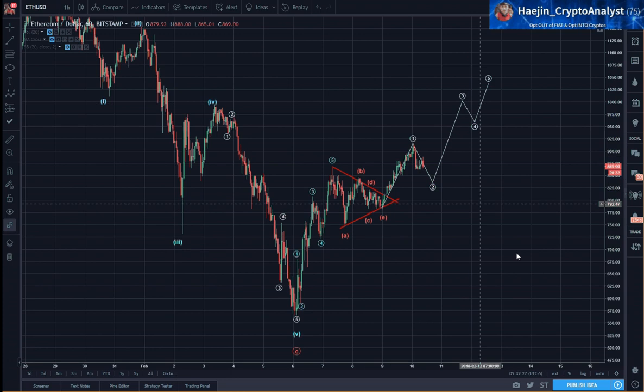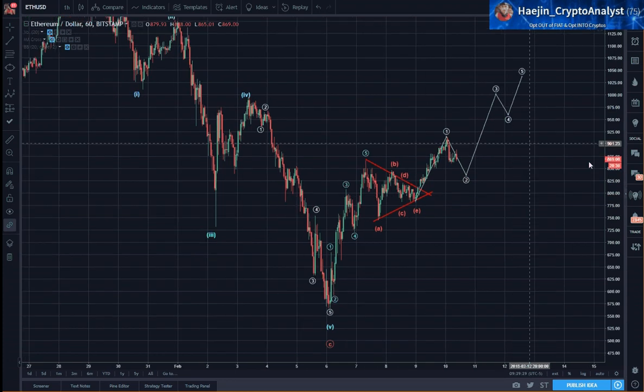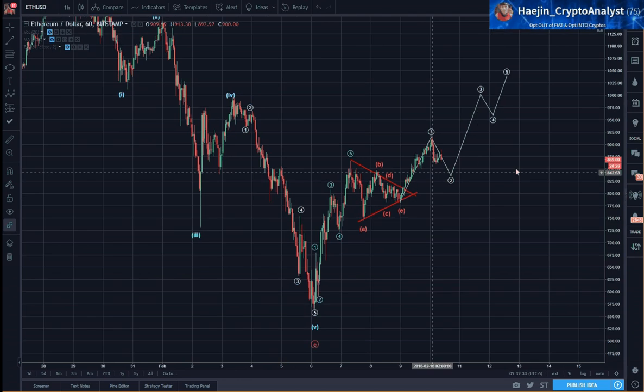And by doing so, it'll enable me to update the waves as needed. So I think overall, this thing is showing a very good bottoming process and a very good retrace so far.